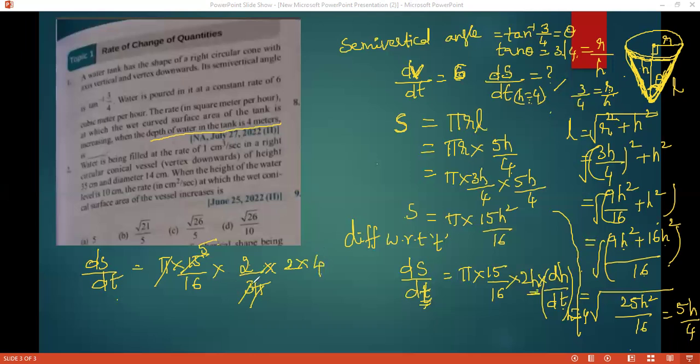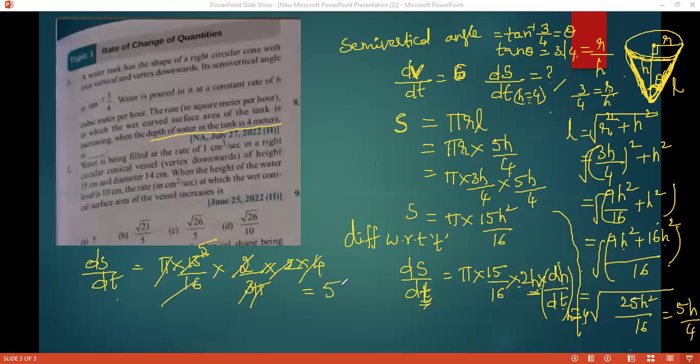What do we get now? 2 twos are 4, 4 fours are 16. All get cancelled and you are getting 5.